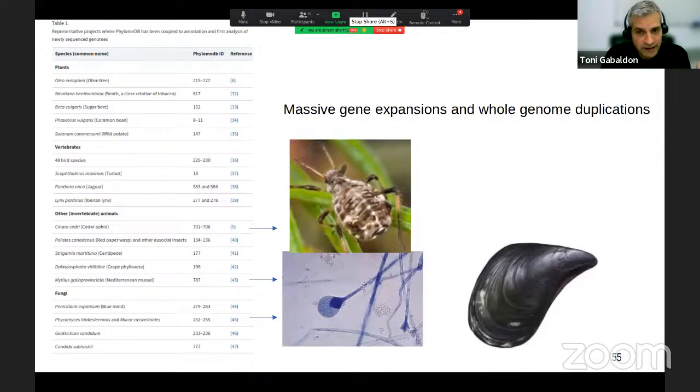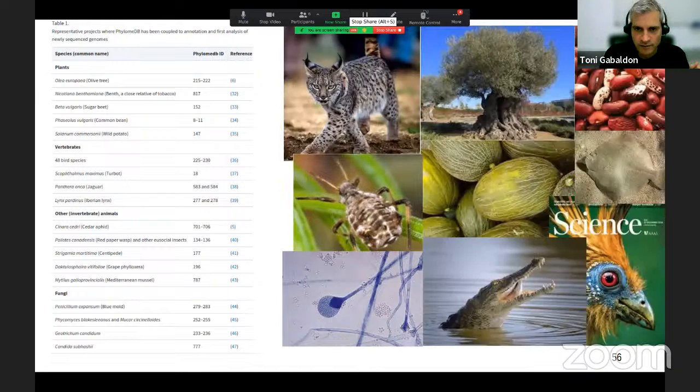And in some other projects, massive gene expansions, like in the case of the aphid, have been the main question. Also, we have identified whole genome duplications in different organisms. These are signatures you can also detect in these phylomes.